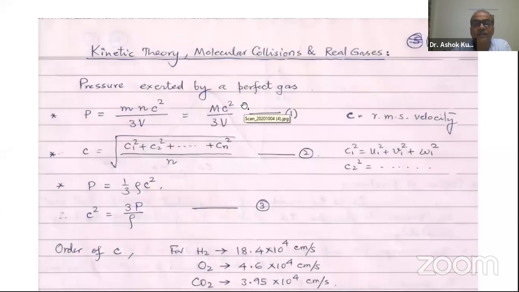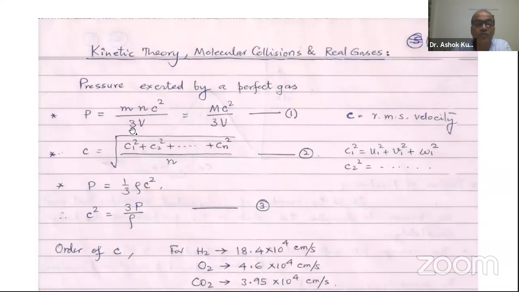However, we know that such ideal gases are not practically found, and all the gases are real gases, which we will discuss later on. Okay, so pressure exerted by an ideal or perfect gas is P = mnC²/3V, where m is the mass of the molecule, n is the number of molecules, C² is the mean square velocity, and V is the volume.